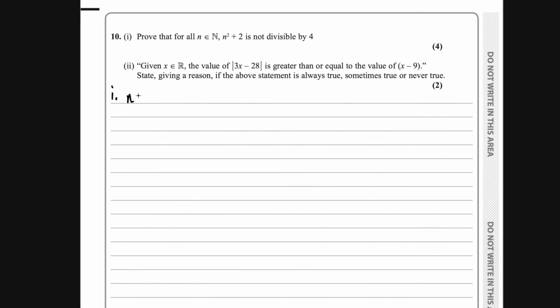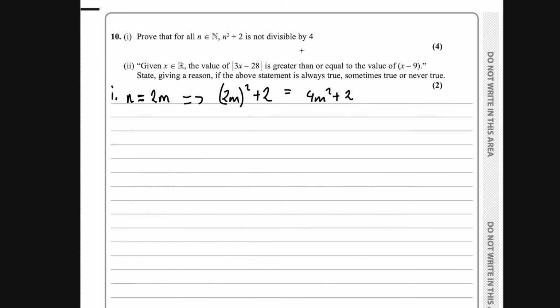So to denote even numbers, I'm going to say that n is equal to 2m. Anything multiplied by 2 will mean that this expression as a whole is even. And I'm going to be just putting it into the equation here. So I'm going to put in 2m where I can see n, and that is equal to 4m squared plus 2.